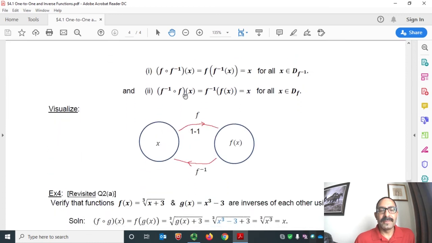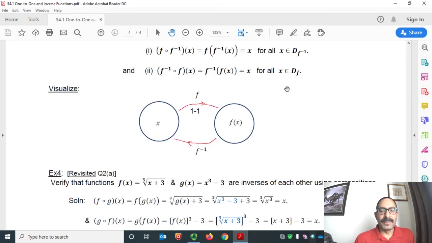First, f composed with f inverse at x gives us x for all x in the domain of f inverse, and second, f inverse composed with f evaluated at x gives us x for all x in the domain of f.